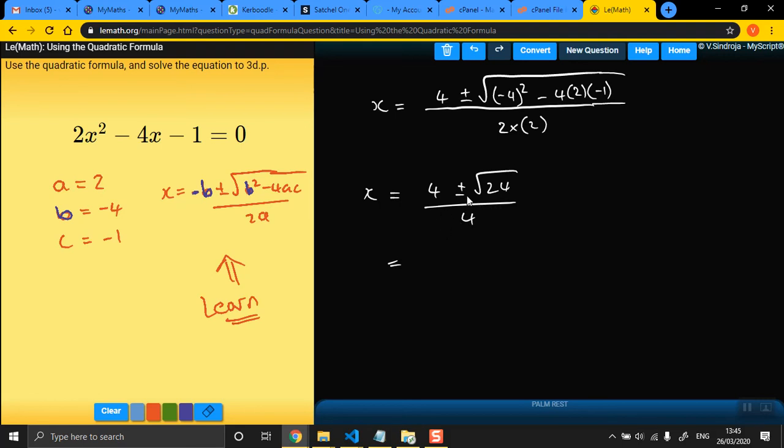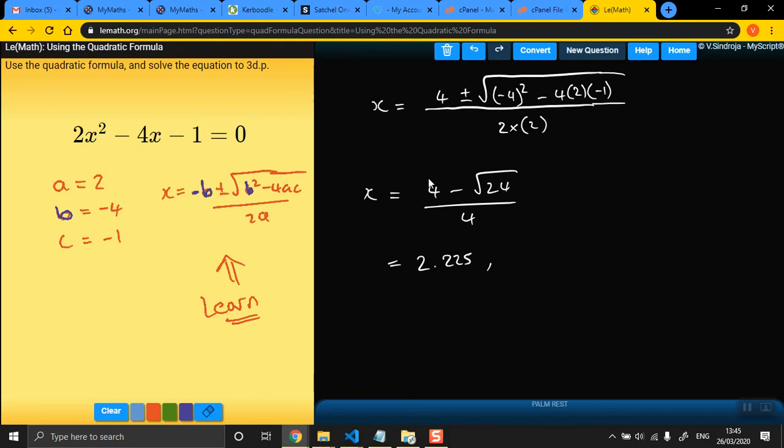So remember, one of the solutions is going to be x equals 4 add root 24. So let's work that out. 4 add the square root of 24 divided by 4, and to 3 decimal places that will be 2.225. Comma, and the next one is going to be 4 take away the square root of 24.